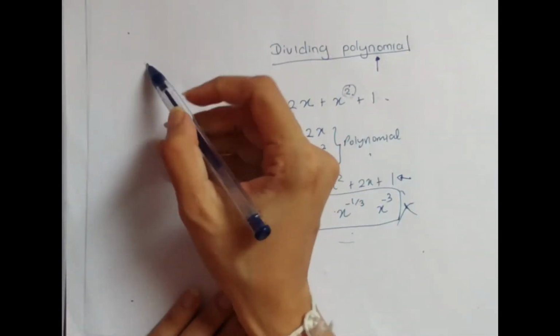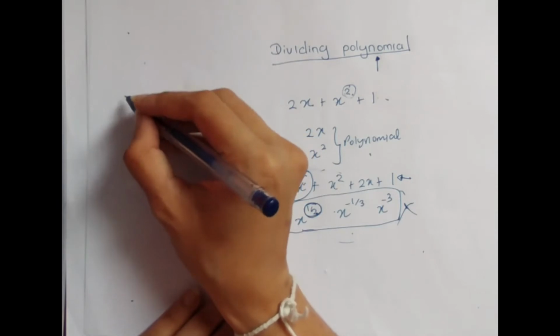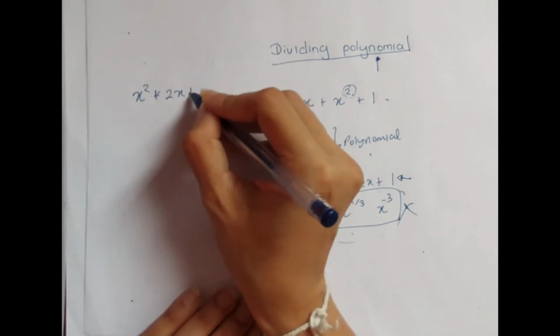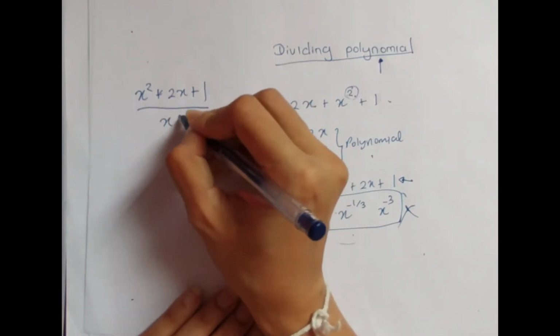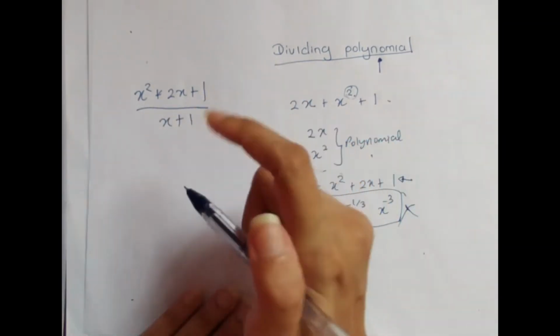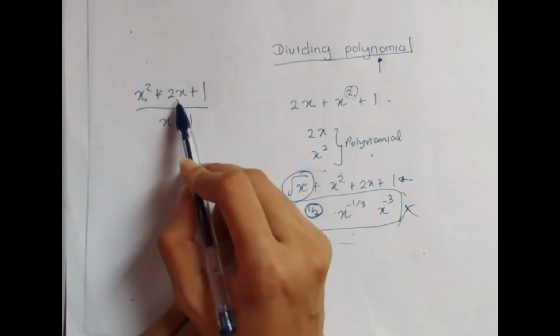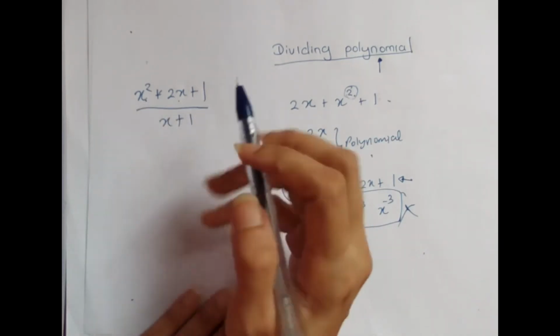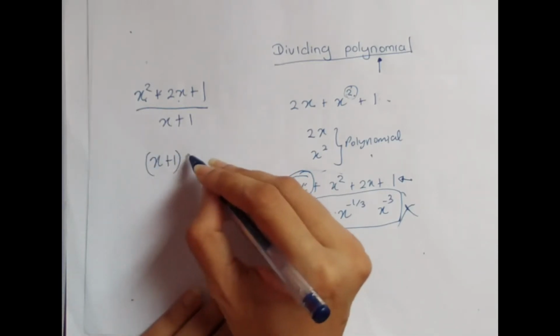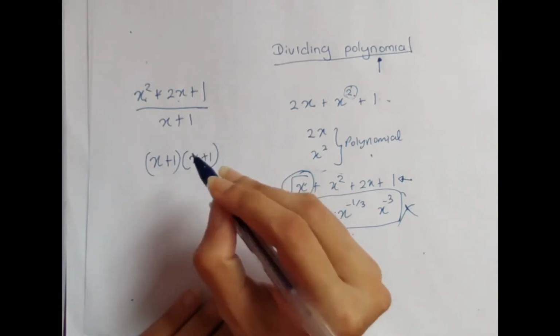Consider x squared plus 2x plus 1 divided by x plus 1. Here x squared plus 2x plus 1 has two factors, x plus 1 into x plus 1.